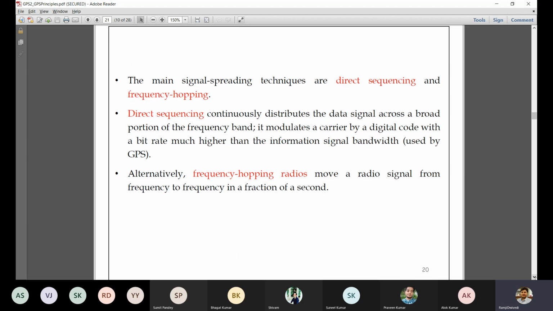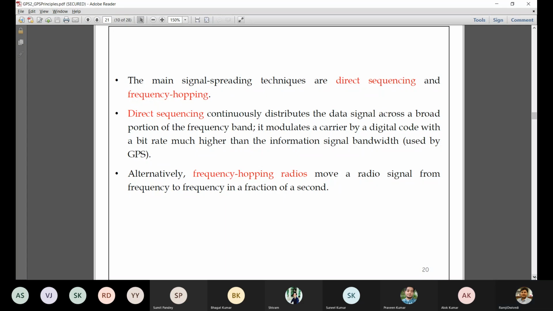How are the signal spreading techniques used? They are called direct sequencing and frequency hopping. Hop-on, hop-off kind of buses are there in foreign countries. In fact, in Bombay also it is like that.